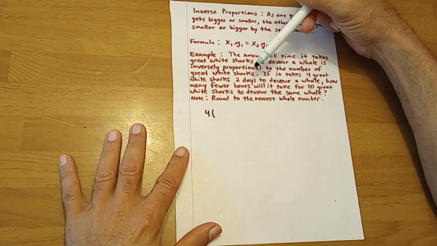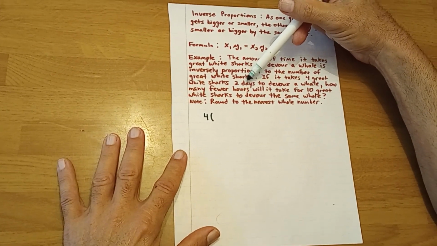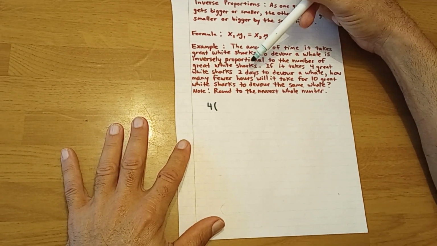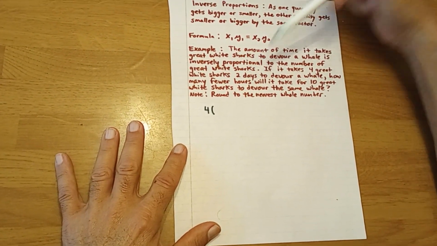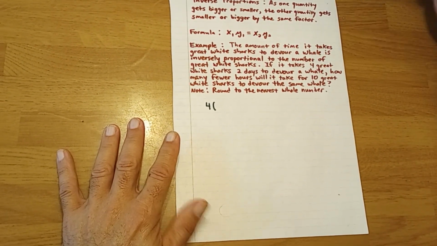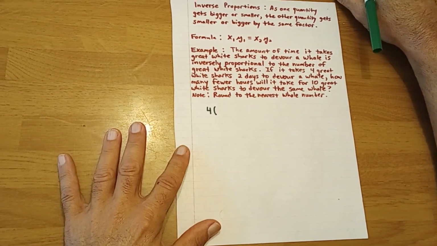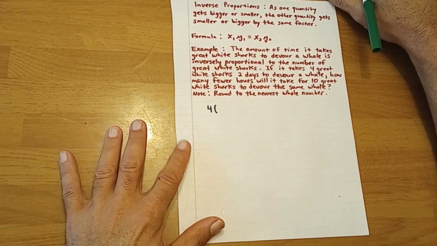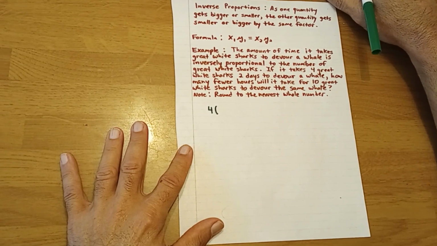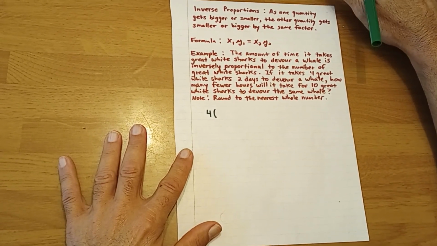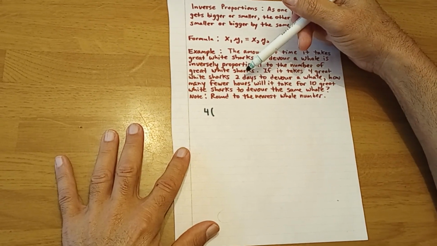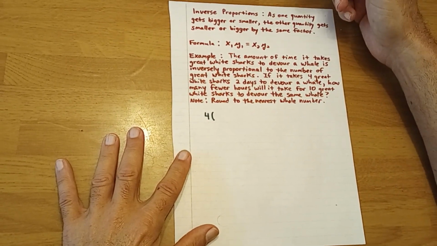It says here that it takes 4 great white sharks 2 days. However, we notice the question asks how many fewer hours will it take for 10 great white sharks to devour the same whale? So I think what we want to do here is actually convert days to hours, okay? Now here, 2 days is 48 hours, okay?